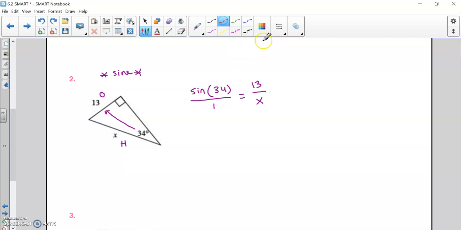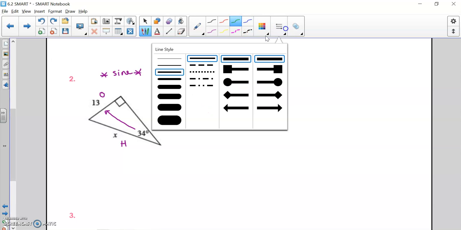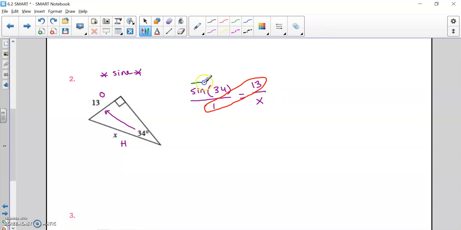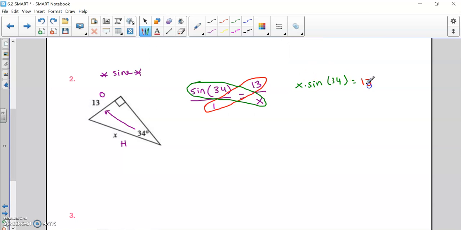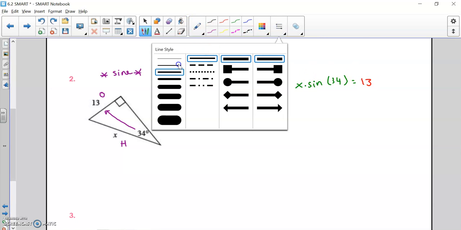We are now ready to cross multiply and solve for x. All right, so the green diagonal gives us x times the sine of 34. And the red diagonal is 13 times 1, that's just 13, so we'll just write 13. Now we're ready to solve for x.